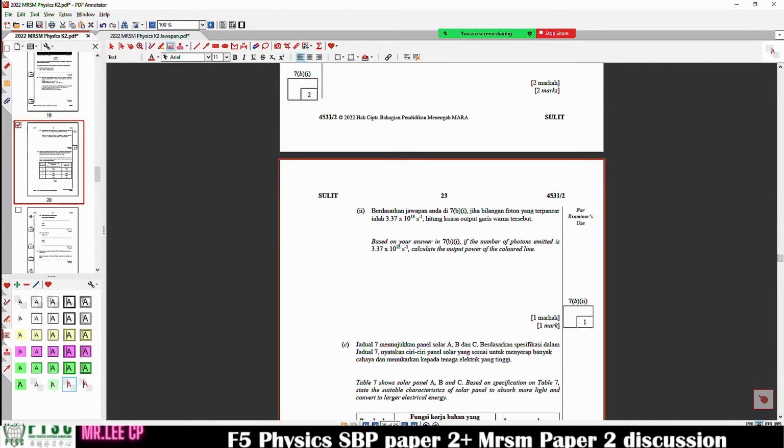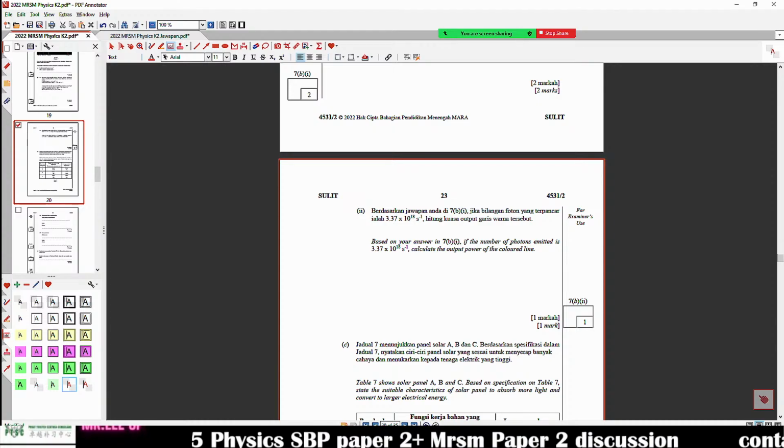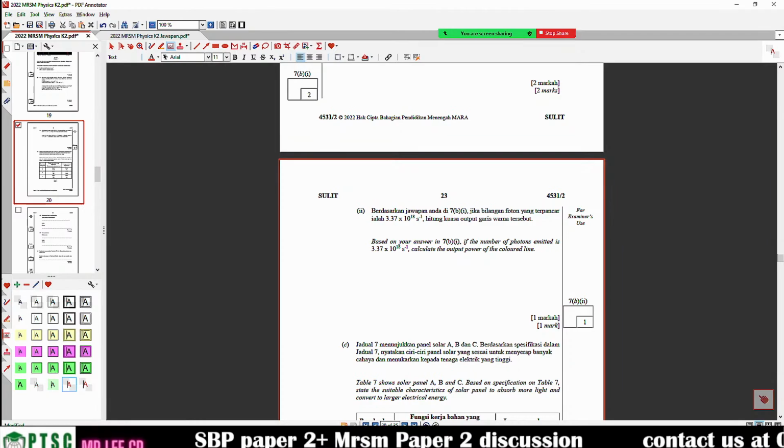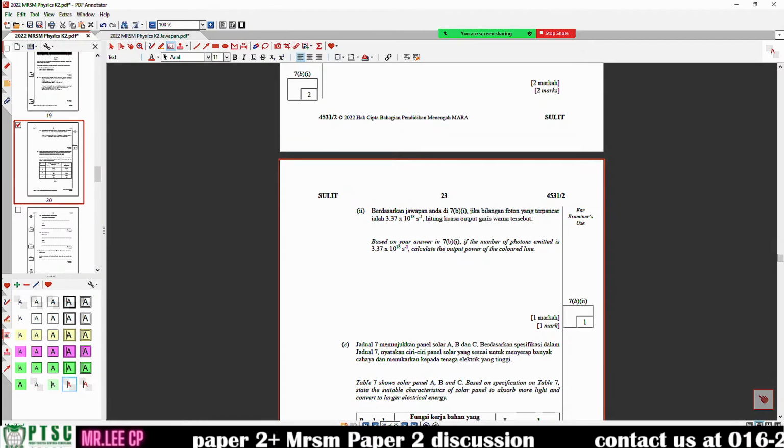Based on the answer in B1, if the number of photons emitted is given per second, calculate the power.